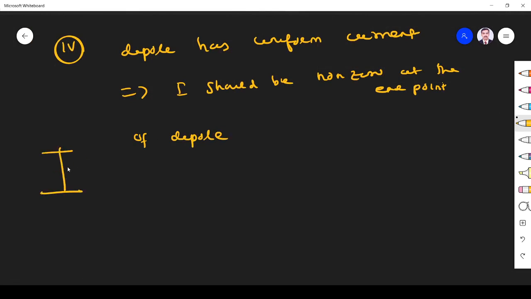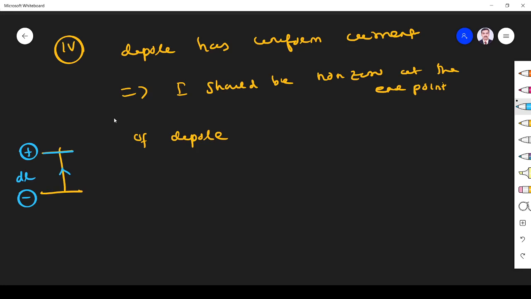Here the current is uniform current. So what is the thing? It has to accumulate charge here. If it is flowing like this, this is a dipole dl. So this is plus, this is minus, right? During the positive half cycle, this will be full of positive charge and this will be negative charge. During the negative half cycle, this will become negative and this will be full of positive charge.